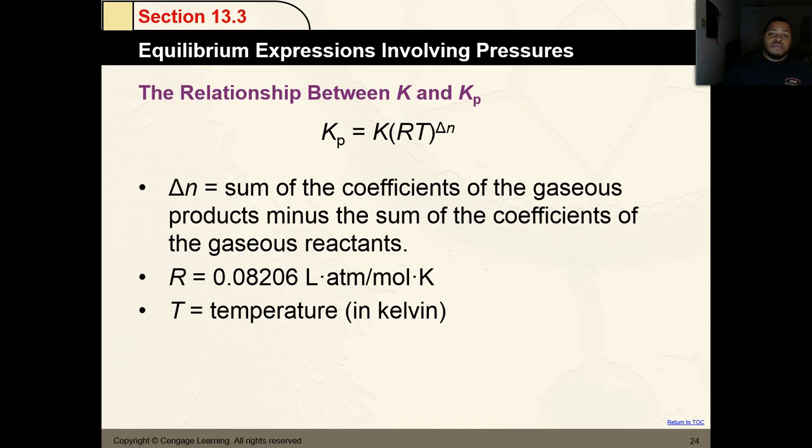All of that, the universal gas constant times the temperature, is going to be raised to the power of delta n, or the differences between the coefficients for the reactants and products. This is our way that we can go between the two and make sure that our values are accurate to what's going on between the two equilibriums, because they do deal with slightly different things.